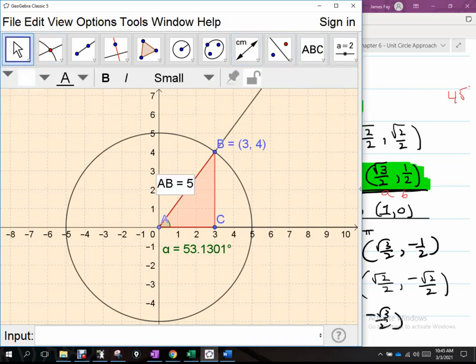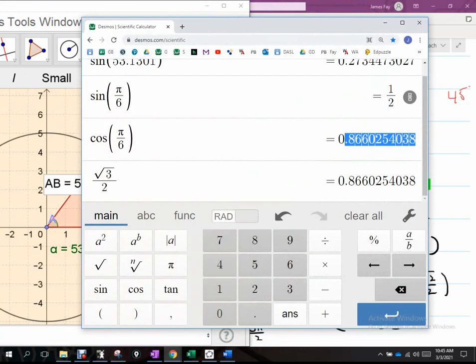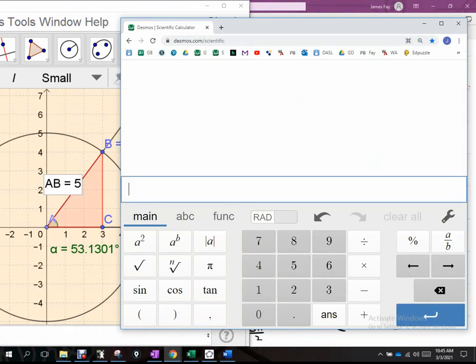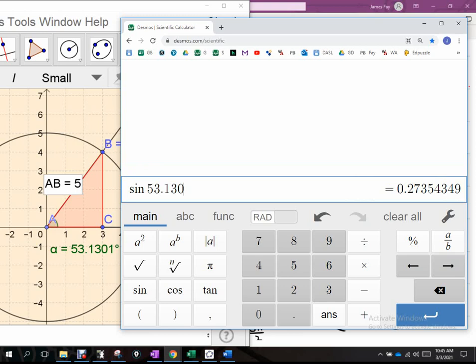So the relationship is, and I'm going to pull this up in Desmos because it's just easier to type into that calculator. If I ask you what the sine of 53.1301 was, that'd be in degrees. You see, it gives me 0.7999999, right?